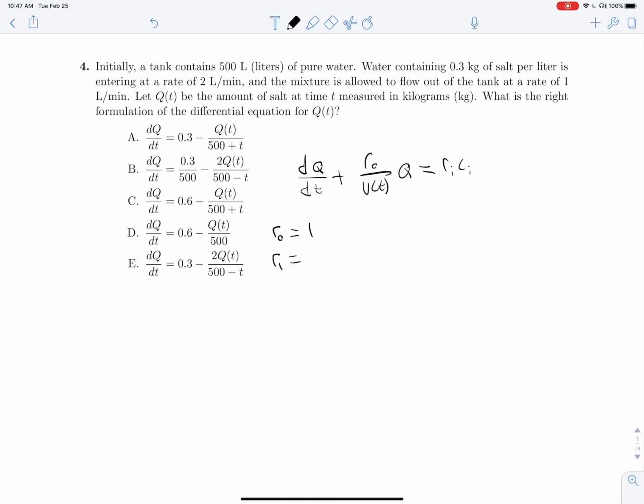The rate of inflow is 2 liters per minute.